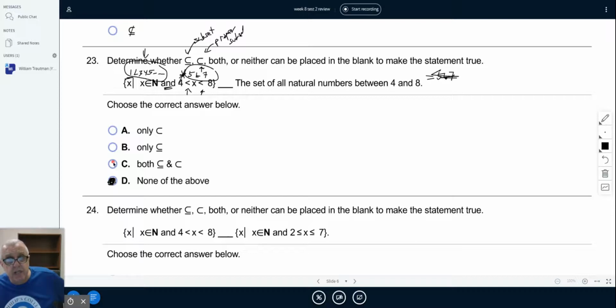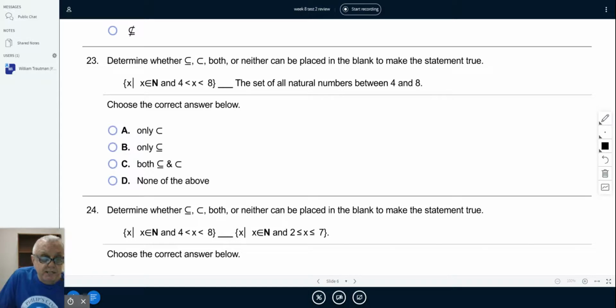Determine whether that or that, both or neither, can be placed in the blank to make it a true statement. That's a tough one. I would pick neither on this because, but we're not putting it between these two. So give me a second.